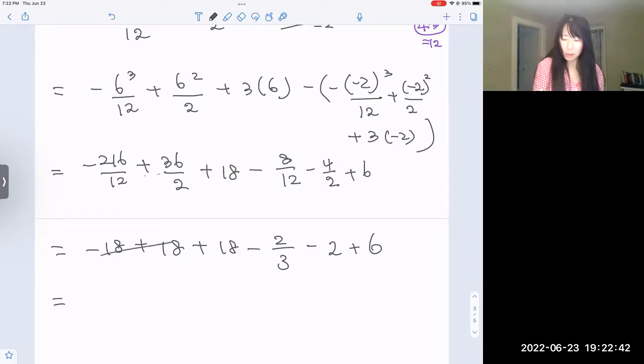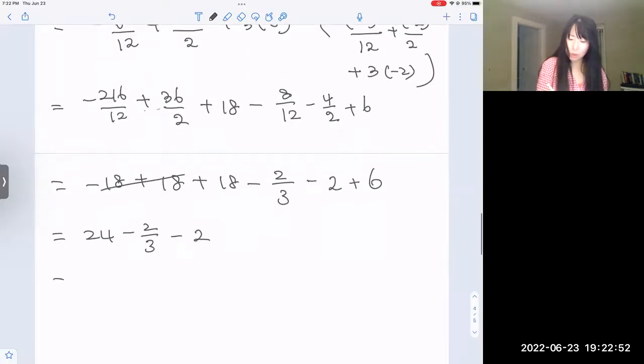So this is 0, and 18 plus 6, which is 24, minus 2/3, minus 2, 24 minus 2, which is 22, minus 2/3.